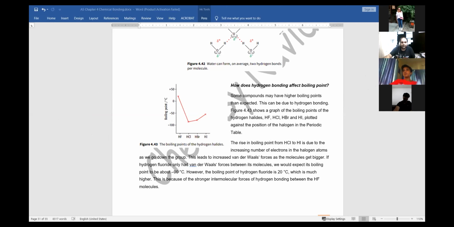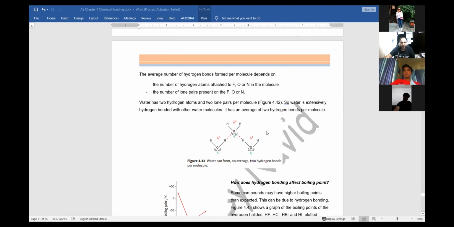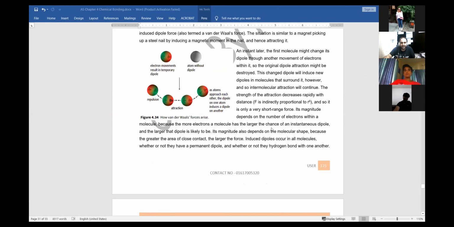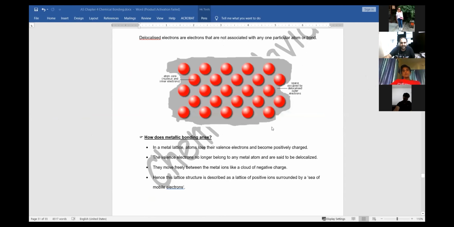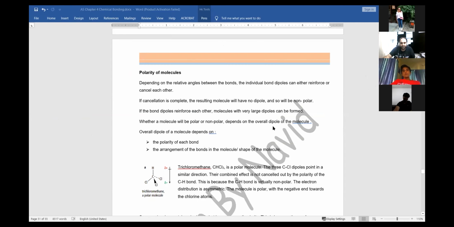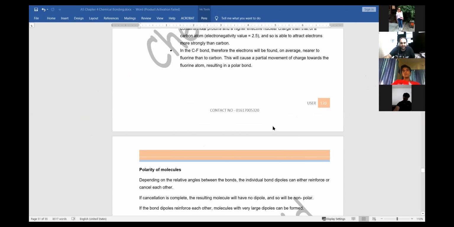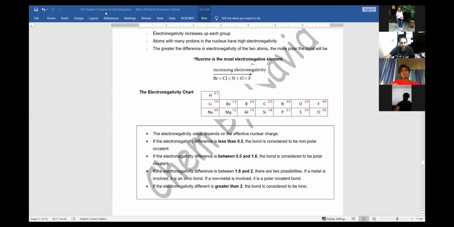So if you want a clearer concept, we can go back to the electronegativity chart. Where is the electronegativity chart? Here. So hydrogen has an electronegativity of 2.1. Fluorine has an electronegativity of what? 4.